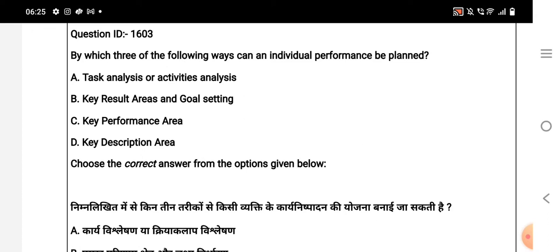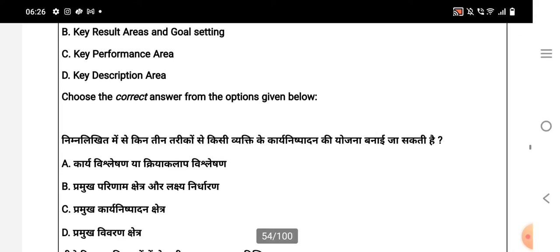So an individual performance can be planned by taking into consideration task analysis or activities analysis, key result areas and goal setting, and key description area. So key performance area basically is not a way by which individual performance is planned.